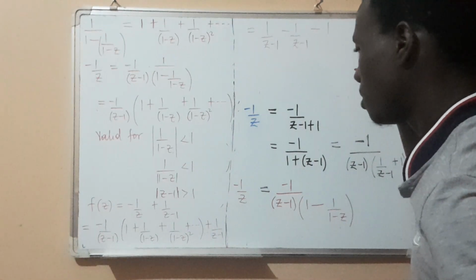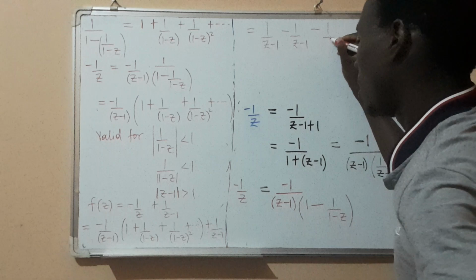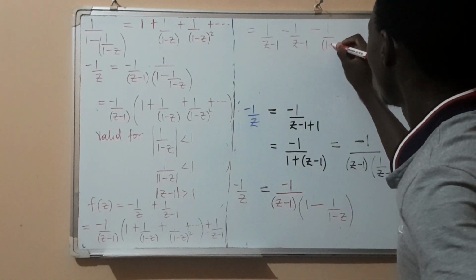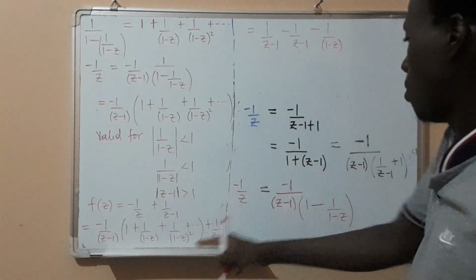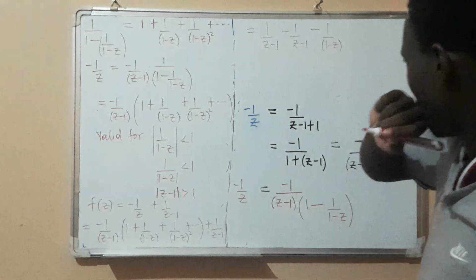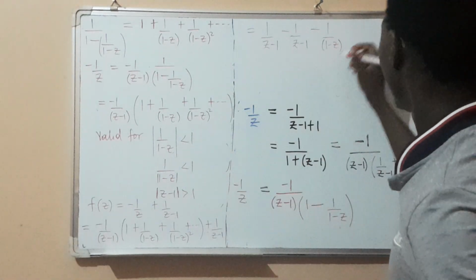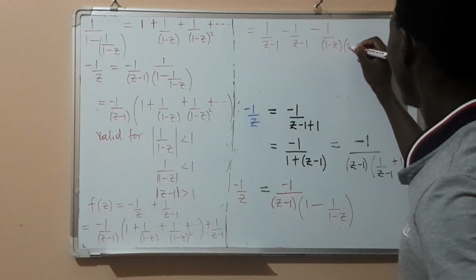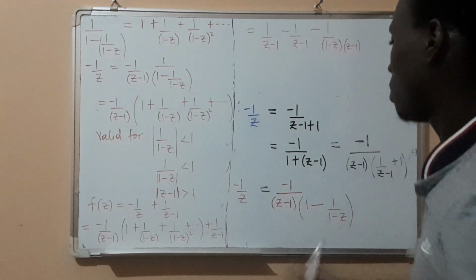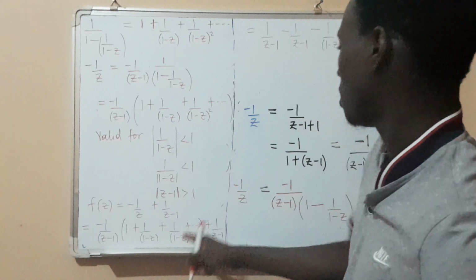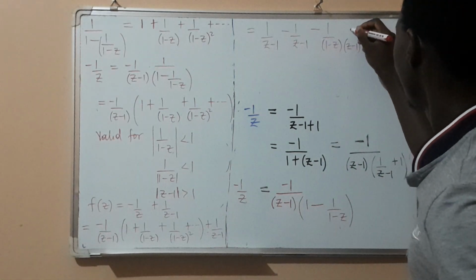You need to be careful. I'm multiplying this with this, so that is a negative, then multiplied with z minus 1. And I'm multiplying this with this, that is still a negative.